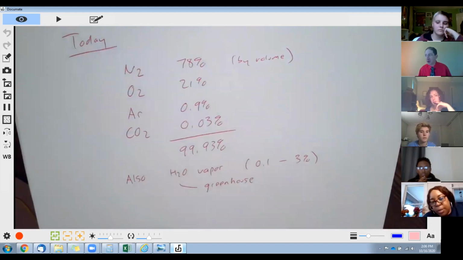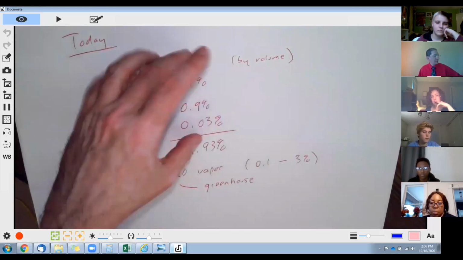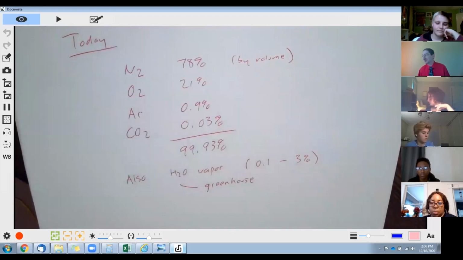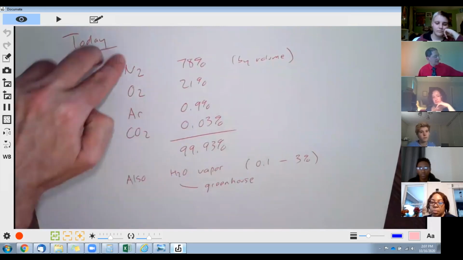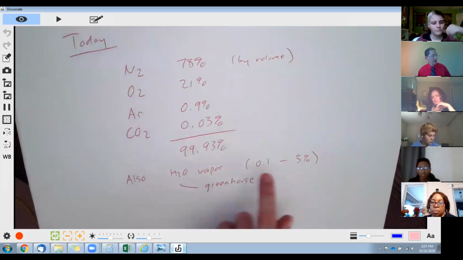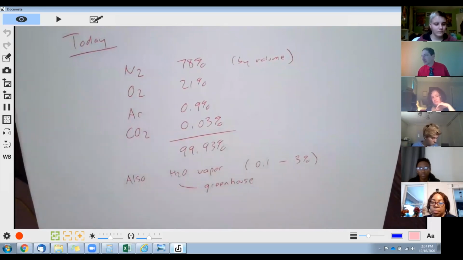Of course, that brings you over 100%, so you have to divide by 1.0 whatever the total is to renormalize it. These numbers vary from place to place just because you're squeezing in a little bit of this. It's kind of a technical math thing that doesn't matter that much. You get the basic idea. It's mostly this and this, a small amount of that, but also this important greenhouse gas, which varies from place to place. That's the main takeaway.